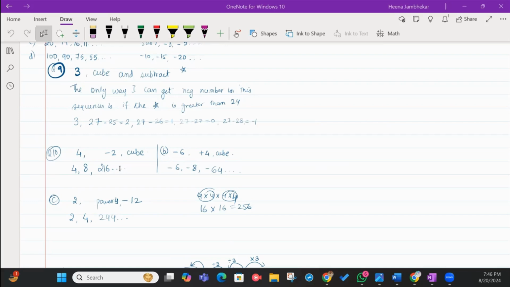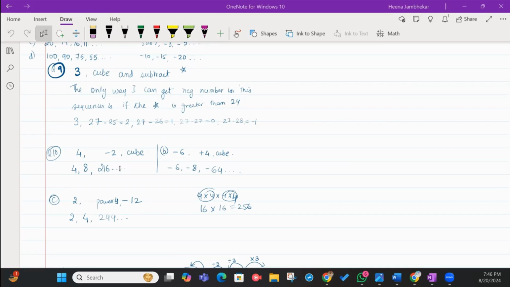Beta, cube, you square it. Subtract 2, how much will you get? 6. And cube of 6 will be? What have you written? The first term is 4.